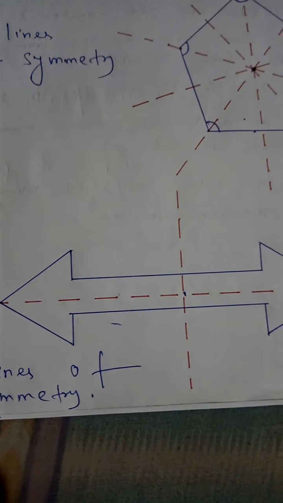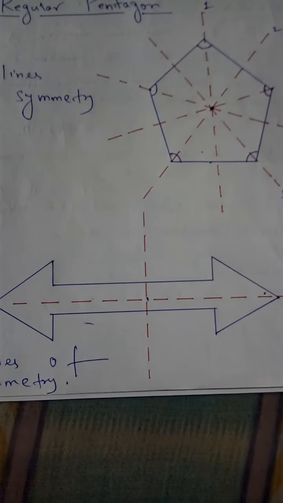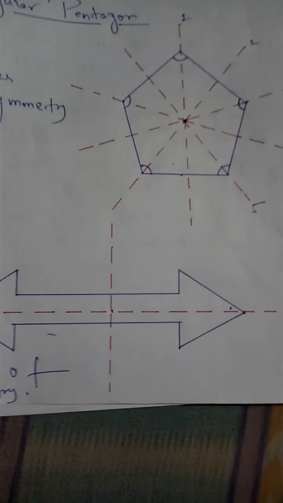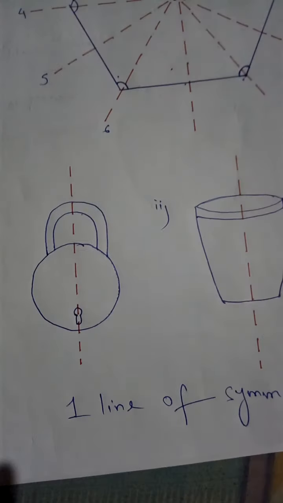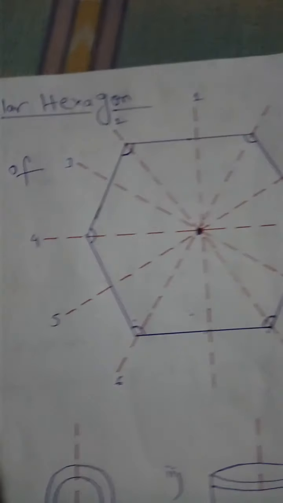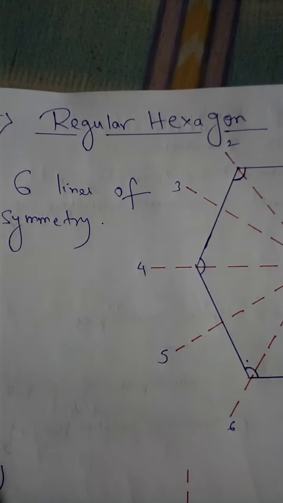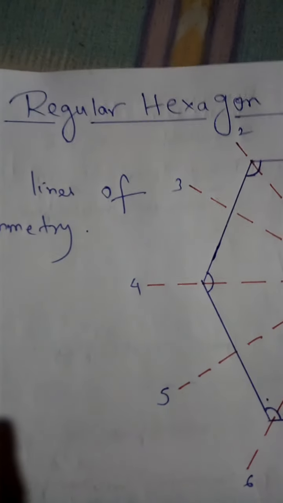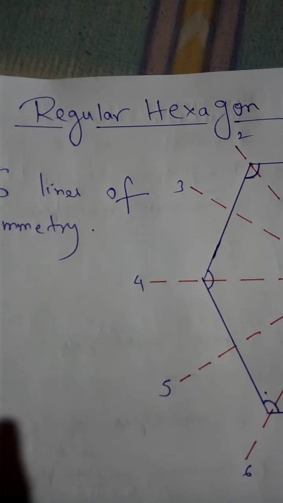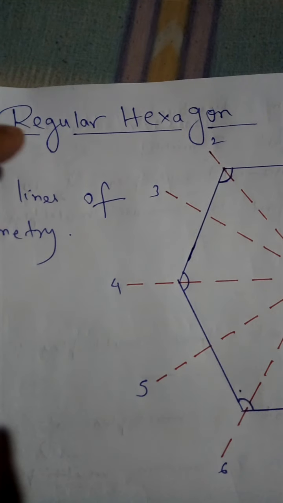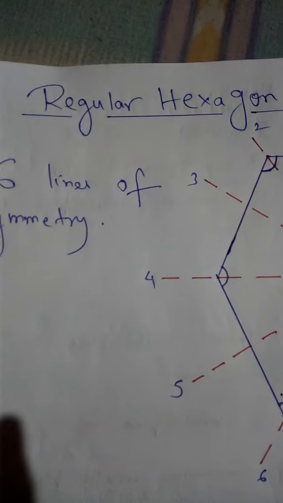Now the next one is the hexagon. Hexagon means 6 sides, and regular, as I have told, means all sides are equal and all angles are also equal. This is a regular hexagon. There are 6 sides and 6 angles.